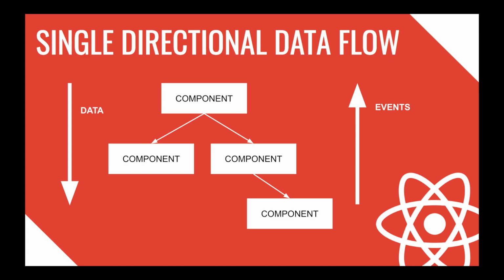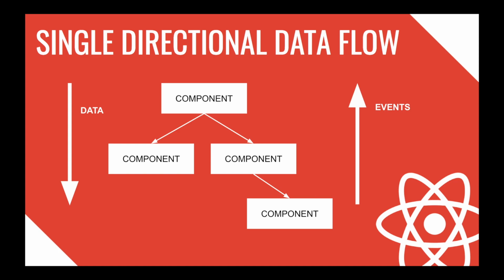Single directional data flow. It means that the data flows from top to bottom. We know that components have state and props. With state and props, we can organize our components in a hierarchical structure that ensures a one-way data flow from top to bottom. Properties flow down, data flows down, and the events flow up, or the actions flow up.